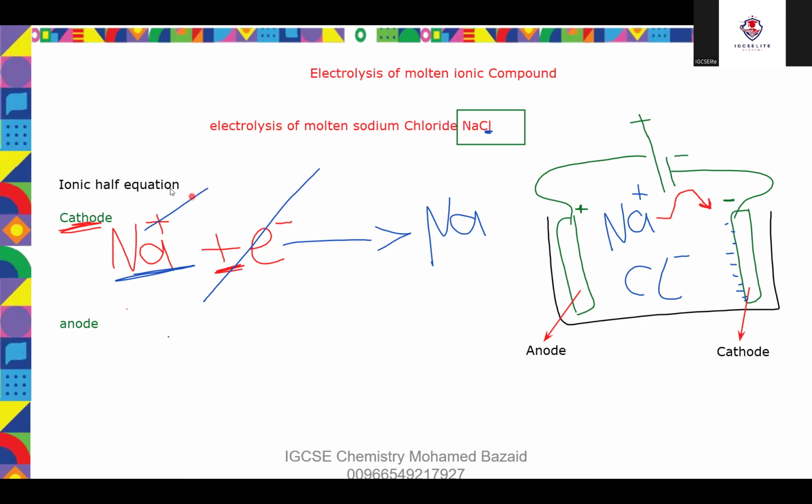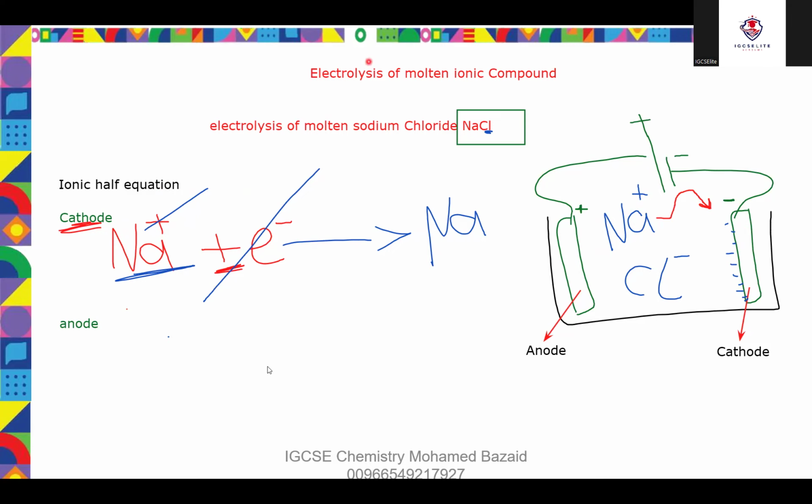Cathode, which is negative, will attract the positive ion. So Na+ will gain how many electrons? One electron. Why? Because it has a positive charge. Cancel one electron with the positive, so you have Na at cathode. Now I obtain sodium, isn't it?